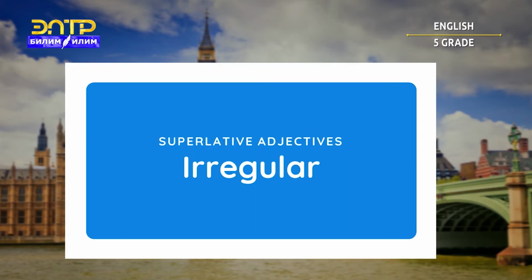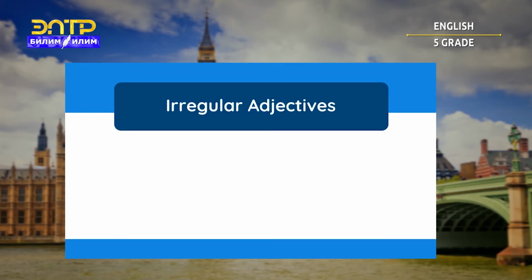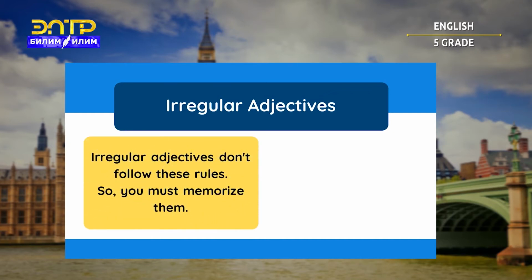However, there are some exceptions, and they are irregular superlative adjectives. As you know, there are 4 rules for making superlative adjectives, but irregular adjectives don't follow these rules, so you must memorize them. Let me show you.